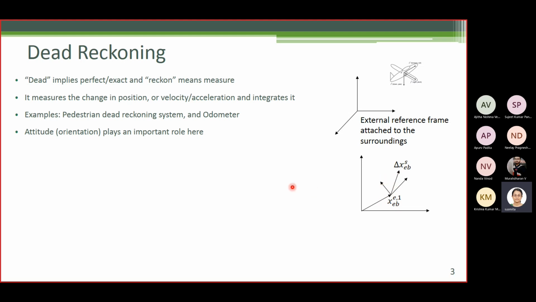So it's important to know the body frame orientation or attitude with respect to that external frame. Now it is also possible that the body frame orientation changes, and the attitude also changes. When attitude changes, we need to keep the integration step size small. The smaller the step size, the better the accuracy.